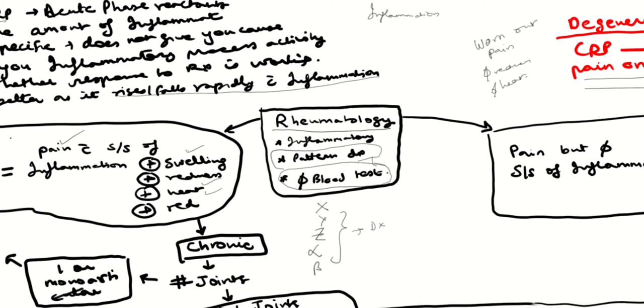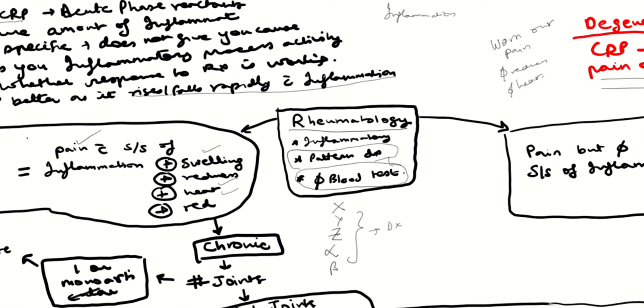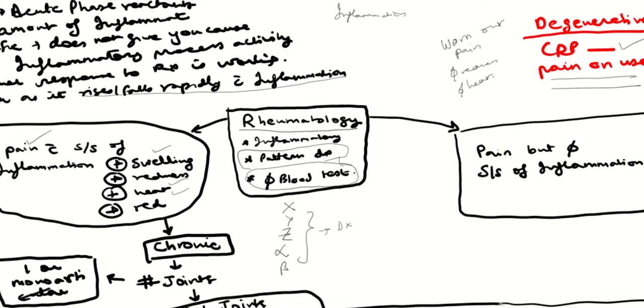Now that we've figured some basic things out with rheumatology, I'm going to give you the lay of the land first, and then we'll go talk about individual diseases. So whenever you have pain in the joint, it's arthralgia.